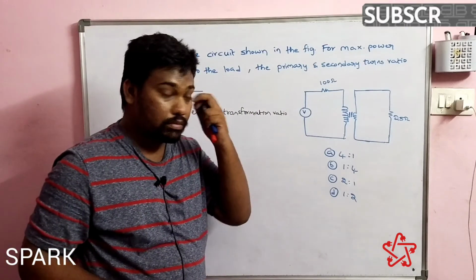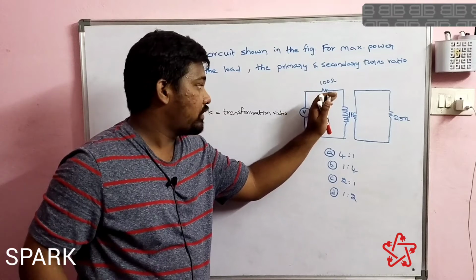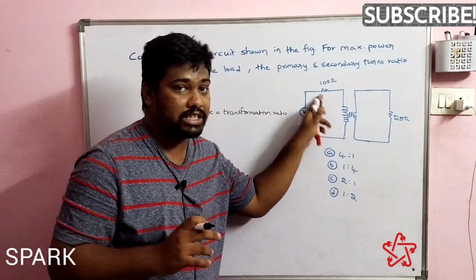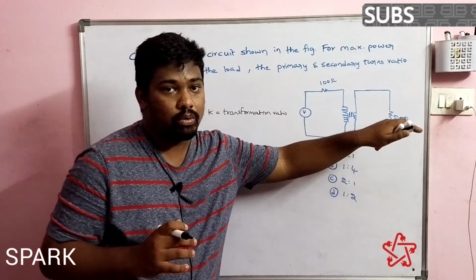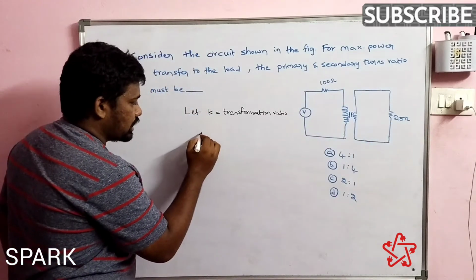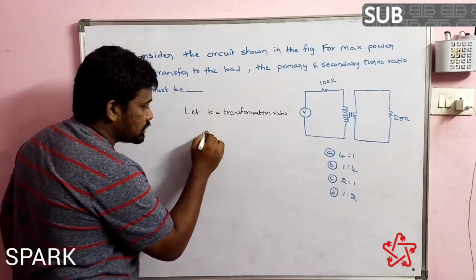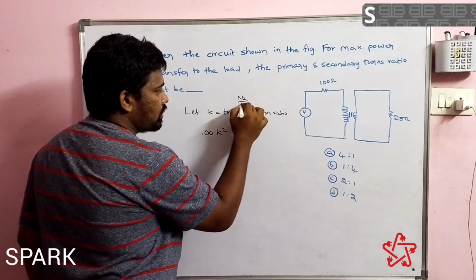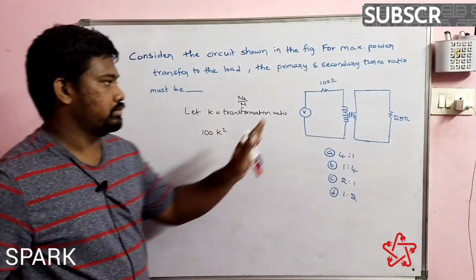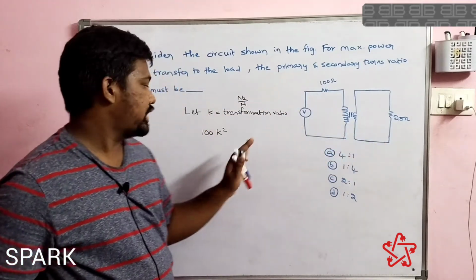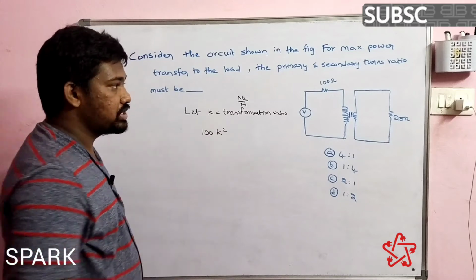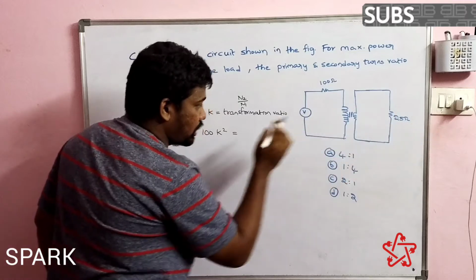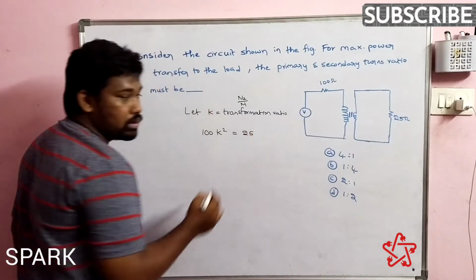To transform a resistance from primary to secondary, we multiply that resistance by K squared, where K is generally N2 by N1. So 100 K squared, after transforming, should be equal to the load resistance, which is 25.